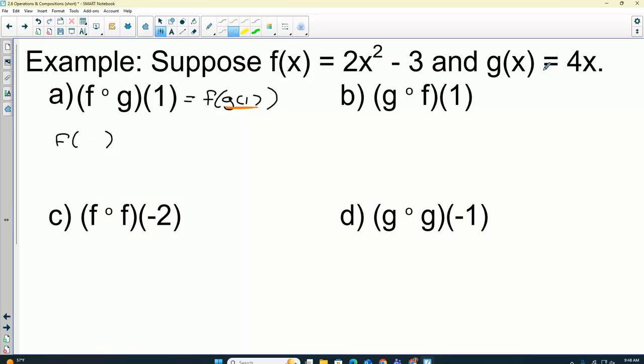If you plug a 1 into g, what do you get? 4. Then I take that answer and I put it into f. So 2 times 4 squared minus 3. So 4 squared is 16, times 2 is 32, minus 3 is 29.